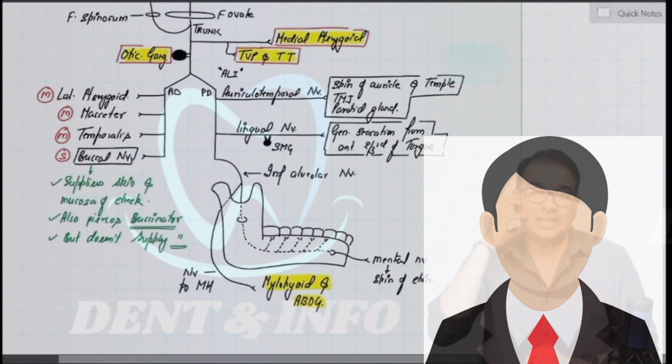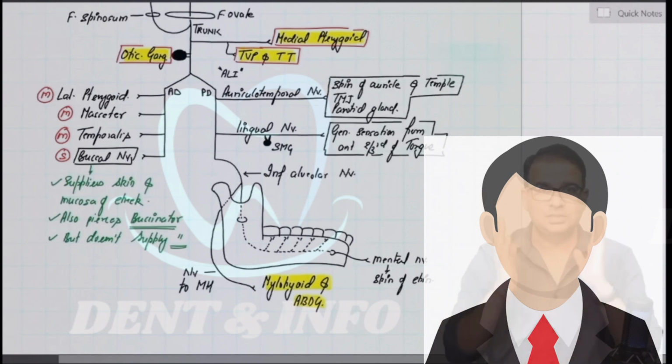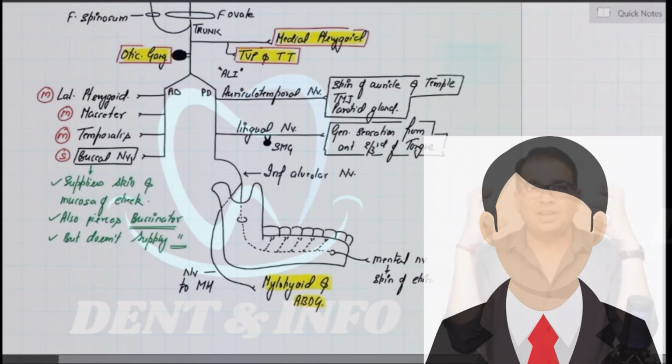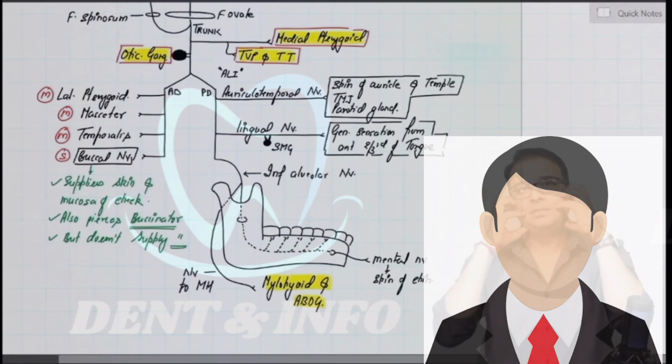That is because of the right side pterygoid muscle pushing it. Similarly, left side pterygoid will push the mandible toward the right side. That means both muscles will counterbalance each other. But let's say if one side pterygoid will not work, if the right side pterygoid muscle will not work, then obviously the other pterygoid will take over.